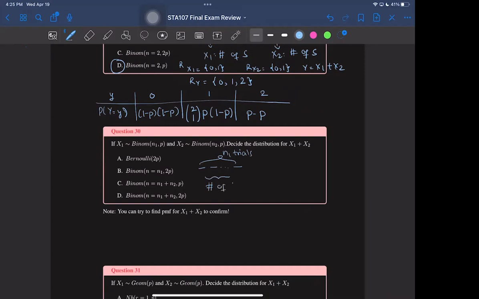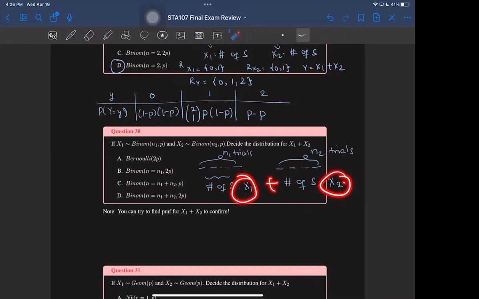We denote this number of successes by a variable called x1. And you have another n2 trials, and you denote the number of successes that you have in these n2 trials by x2. Then think about what it means to take x1 plus x2.